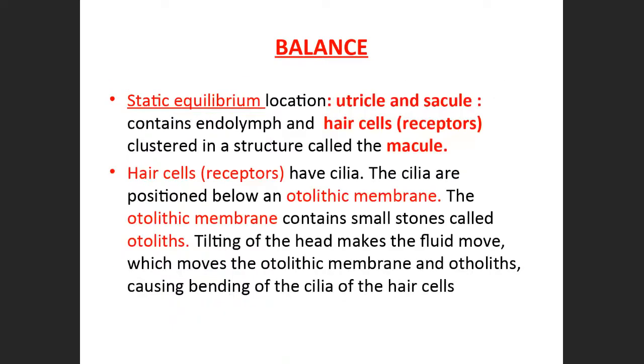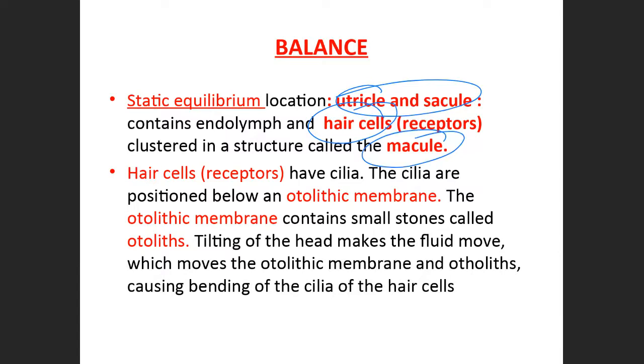Remember, the cells are exactly the same. You could take a little hair cell from the cochlea and put it in the ampulla of the semicircular canals, and it would begin working for equilibrium instead of hearing. So the cells are virtually the same receptor, just in different places. They're all called hair cells. In the utricle and the saccule, they're located in a place called the macula.